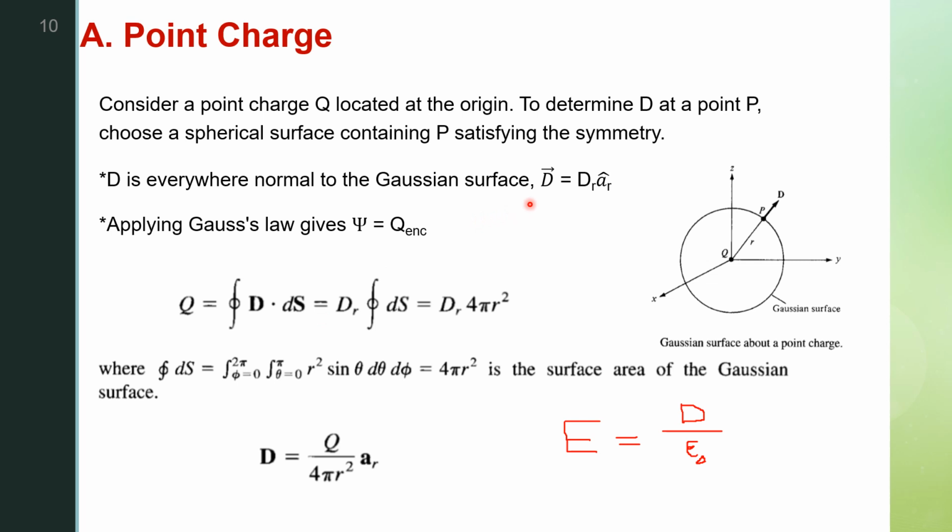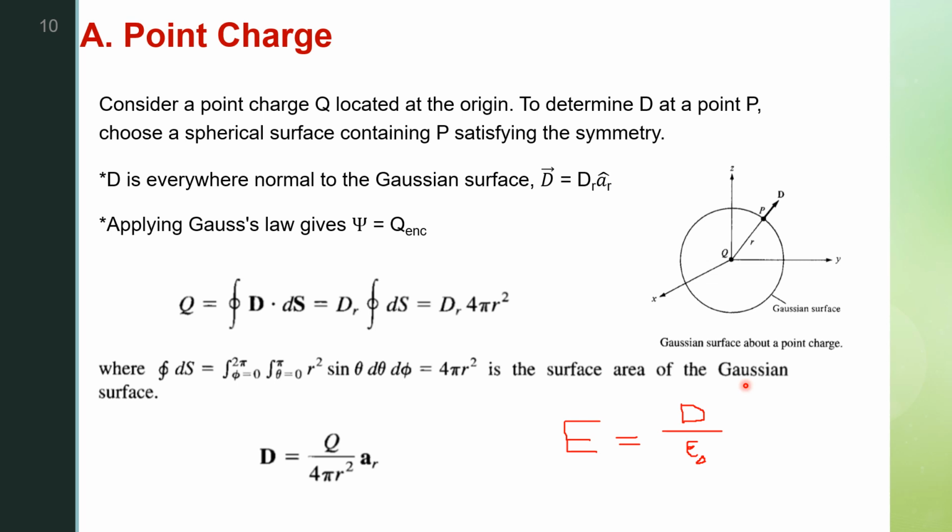Here we have our electric flux density D equal to D_r a_r. So we have D_r times the surface integral of dS, and that is equal to D_r 4 pi r squared. The surface integral of dS is the surface area of the Gaussian surface.